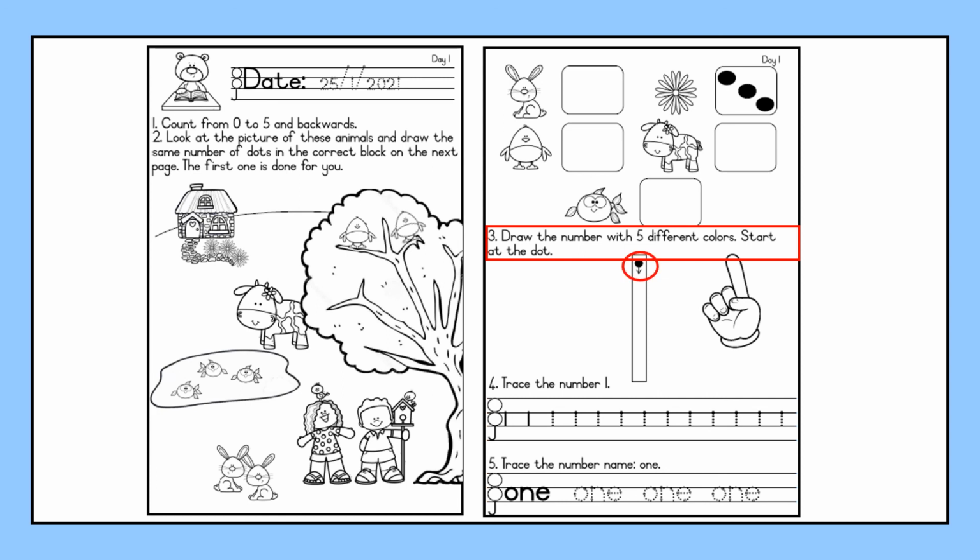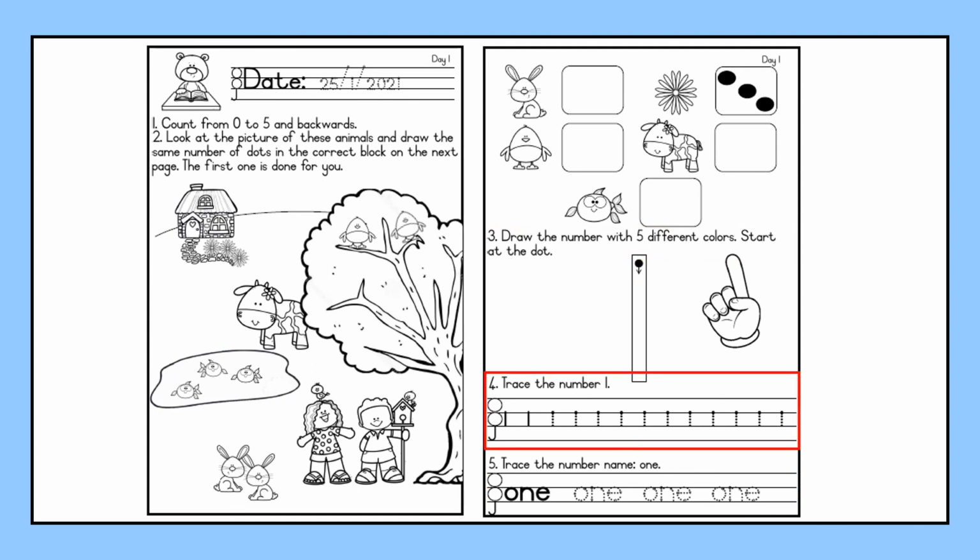Remember to start at the dot and go all the way down. When you are finished, trace the number 1 in the cat lines. Number 5, trace the number name 1. Can you still remember?